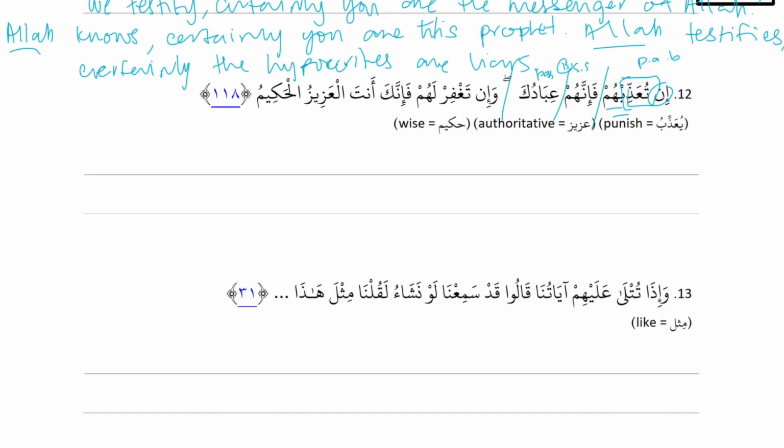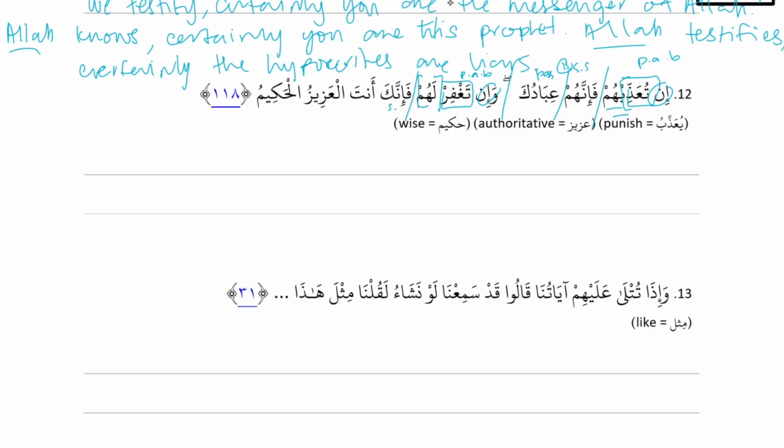In telfid, so this is another conditional sentence. Telfid is present, active, and then lahum is TLDR and it's a noun. And then fa'innaka starts a new sentence, so this is a consequence. Innaka is a sentence starter and it's a noun.